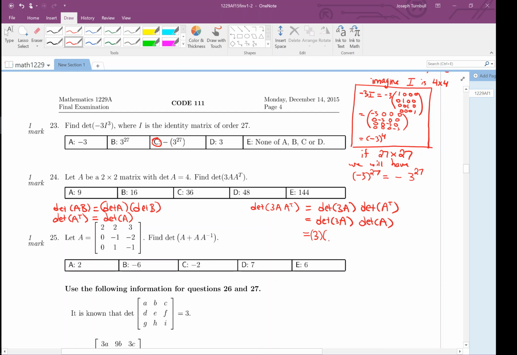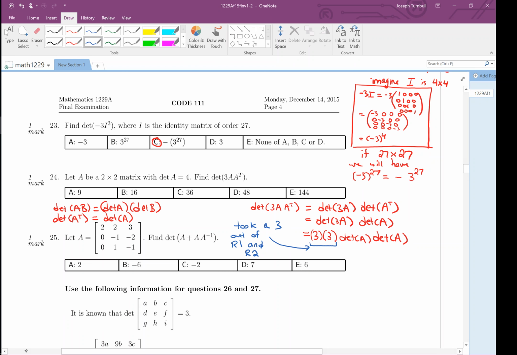Then out of row 2, so another 3 comes out. And then we have determinant of A times determinant of A. And again, we took the 3 out twice because it's 2 rows, out of row 1 and out of row 2.